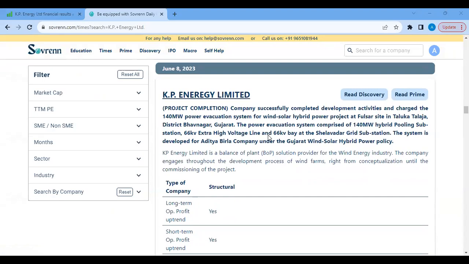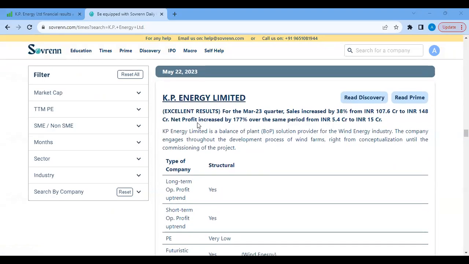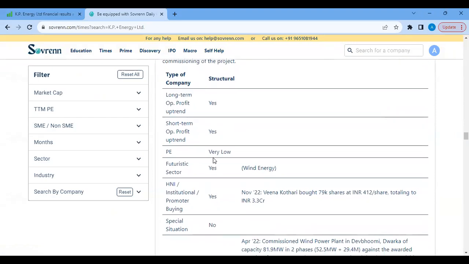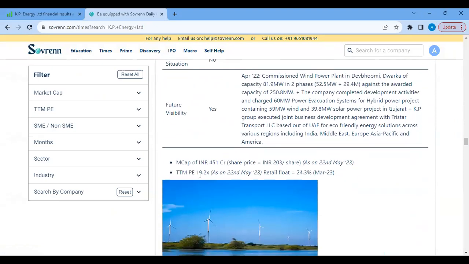If you look at this company, we covered this company on May 22nd when it posted excellent results. It had a low P ratio of only 10, and the price was 200 rupees on this date.